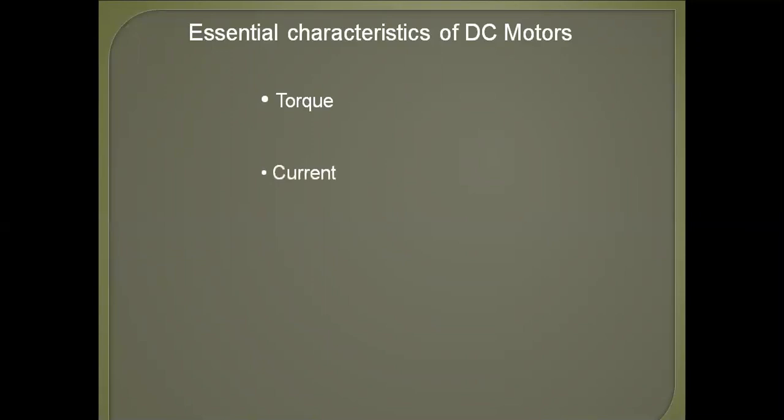The essential characteristics of DC motors are torque, current, speed, and efficiency.